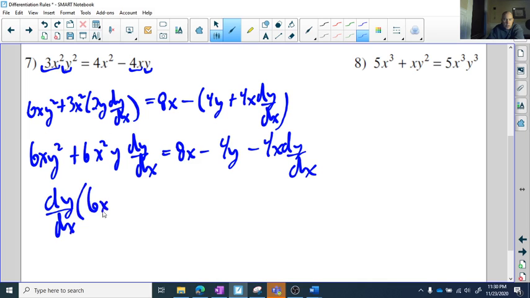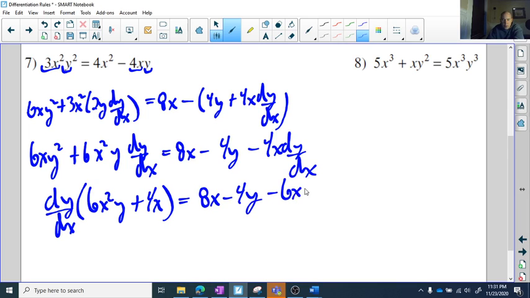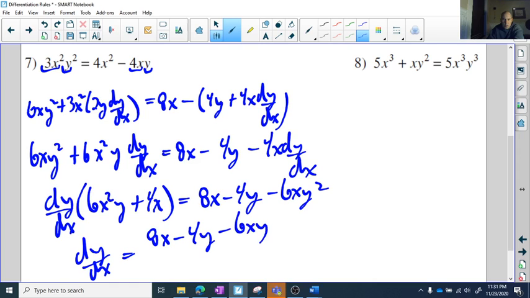So I'll have 6x squared y. This is moving over, so it'll switch to plus 4x. Now all the rest of the terms do not have a dy dx associated with them, so those will move over. Therefore, your dy dx will be this, divided by this.